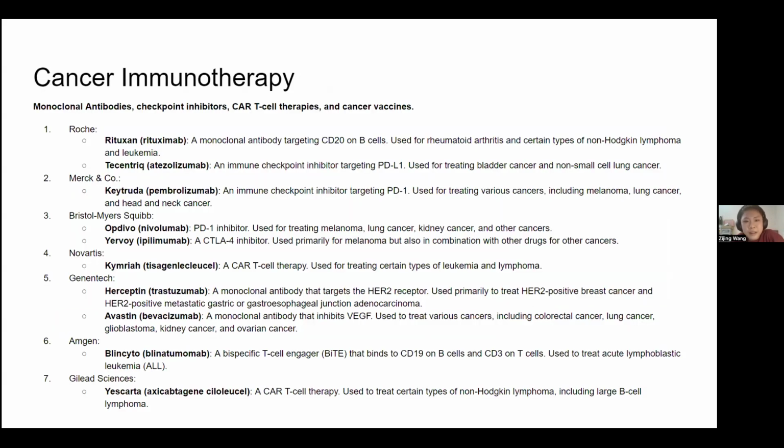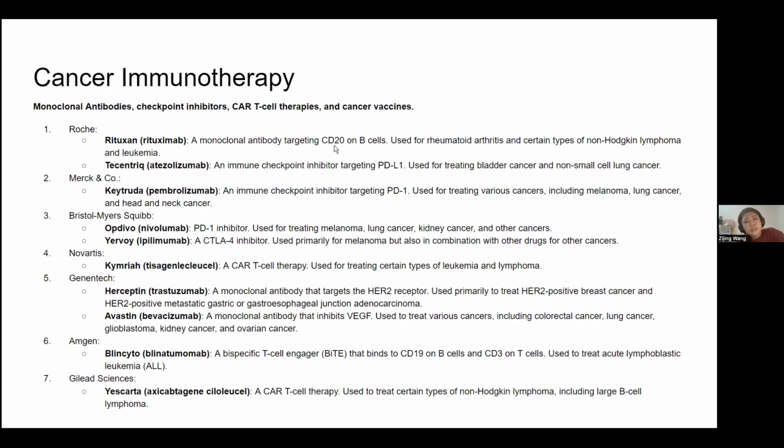So I compiled some of the companies and some of their famous drugs. You can refer to them under each category. I will not go through them and just give you an idea of what their subject is.